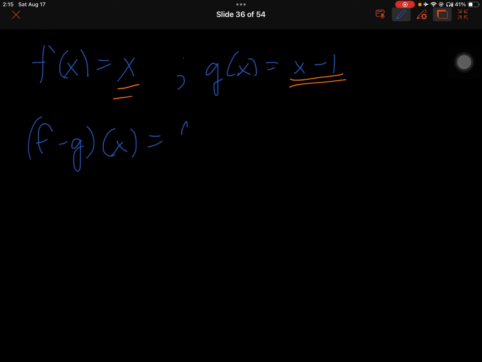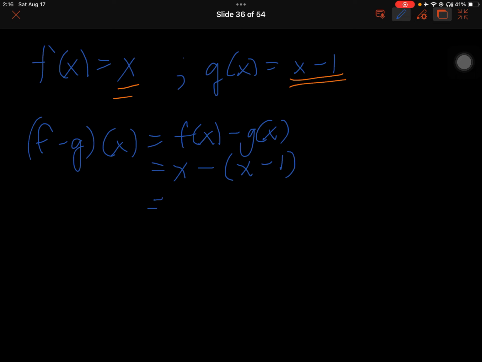This is also equal to f of x minus g of x. So let's substitute the functions. So f of x will be x minus, let's add the quantity, g of x will be x minus 1, right?